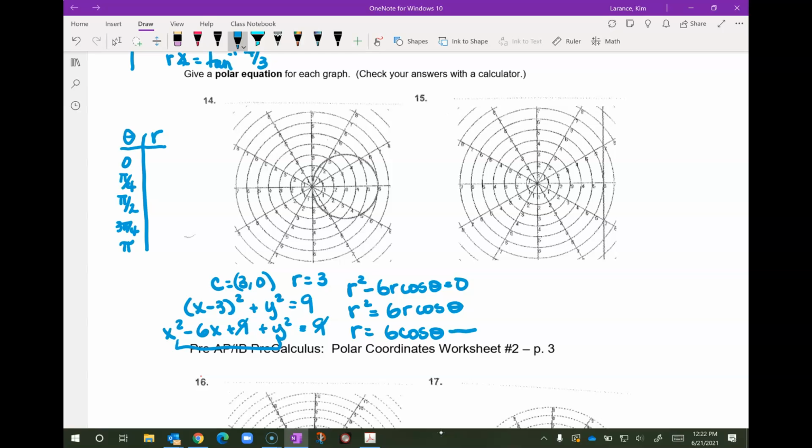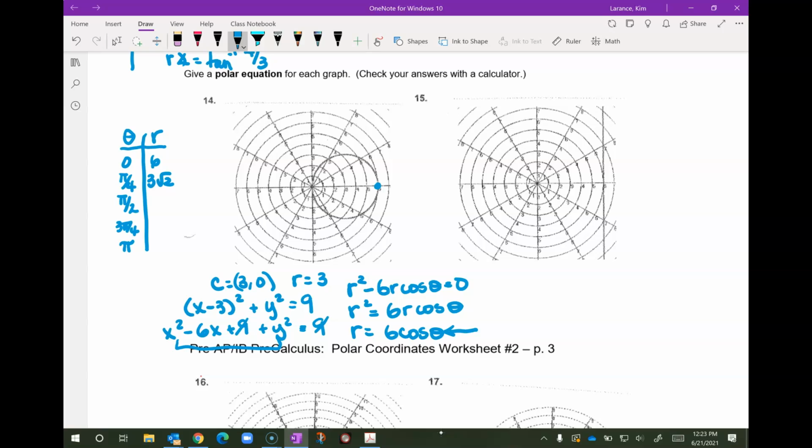So remember, we're plugging into this equation 6 cosine theta. So the cosine of 0 is 1 times 6 is 6. So there's that point. Okay. The cosine of pi fourths is root 2 over 2. So times 6 would give us 3 root 2.